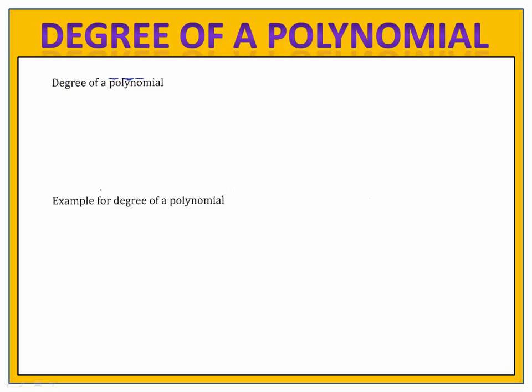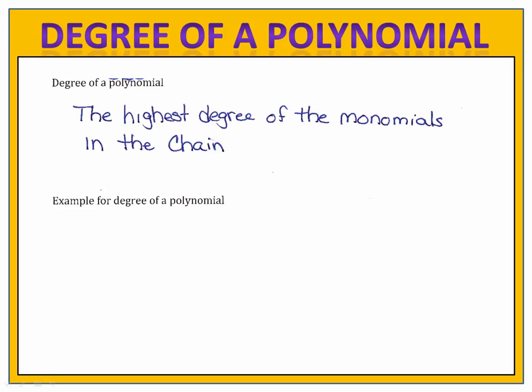We describe a polynomial by looking at the degree of each of the individual monomials and picking the largest. The degree of a polynomial is the highest degree of the monomials in the chain. For instance, we have this very large polynomial that has 4 terms. To discuss its degree, we look at each term.